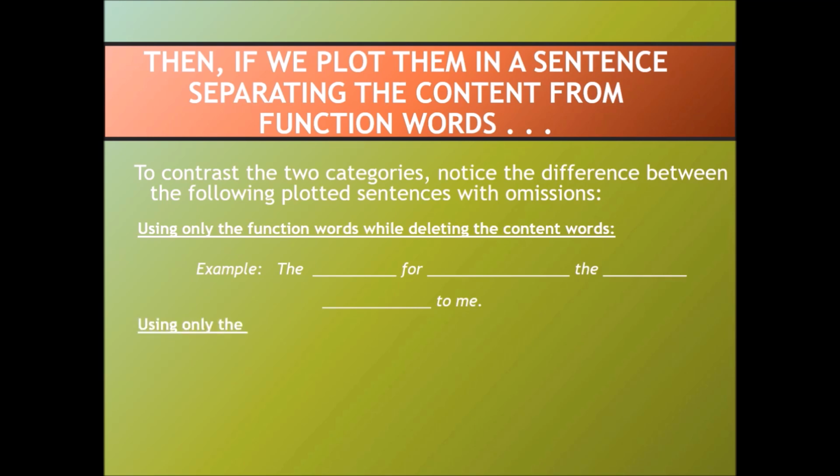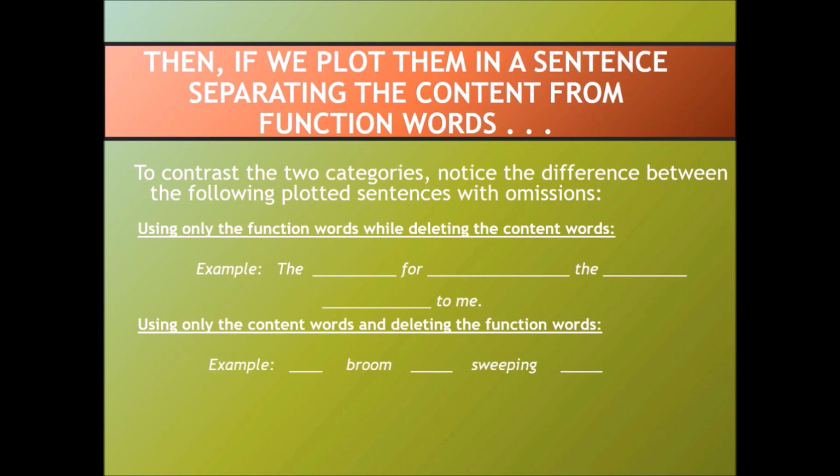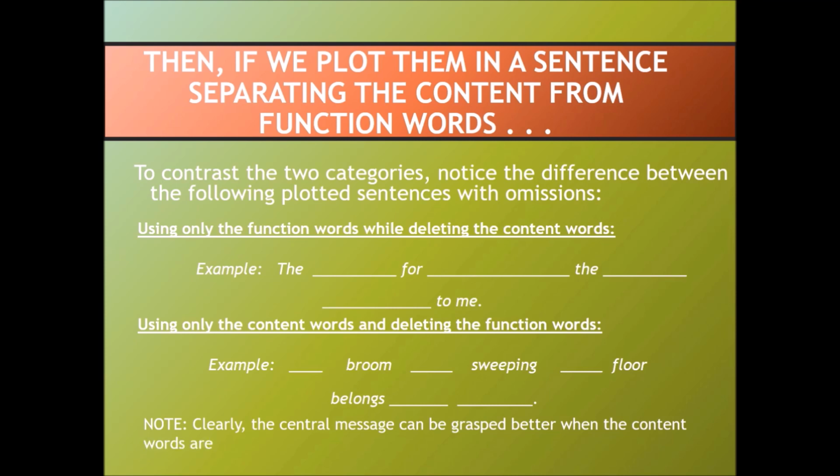Using only the content words while deleting the function words. Example, blank broom, blank sweeping, blank floor belongs blank blank. Note clearly the central message can be grasped better when the content words are left in than when only the function words remain.